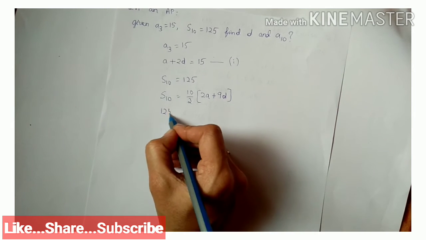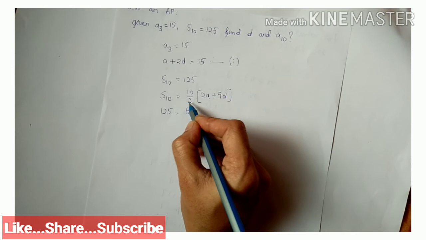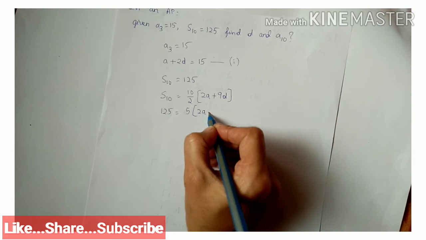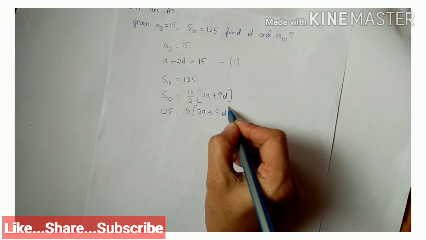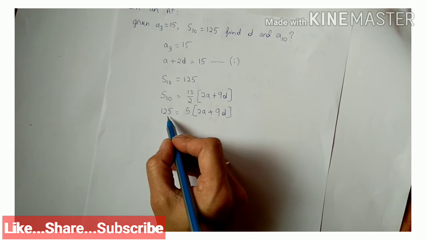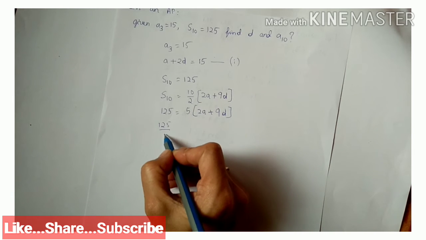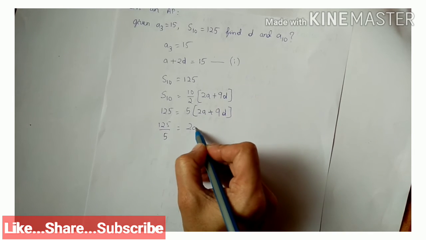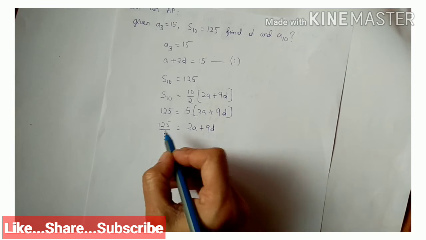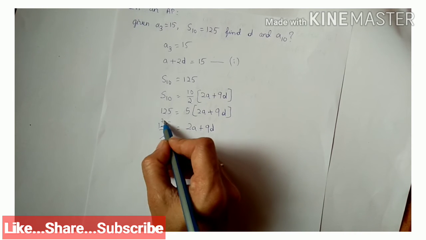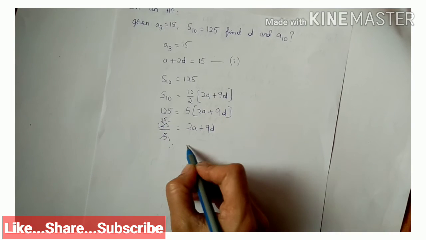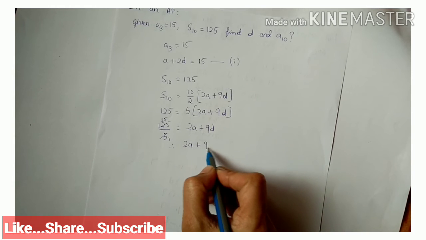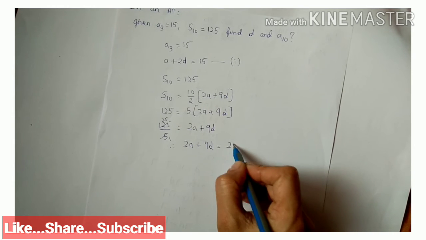This is 125. 5 into 2a plus 9d is equal to 125. 125 by 5 is equal to 2a plus 9d. 5 25s are 125, therefore 2a plus 9d is equal to 25.